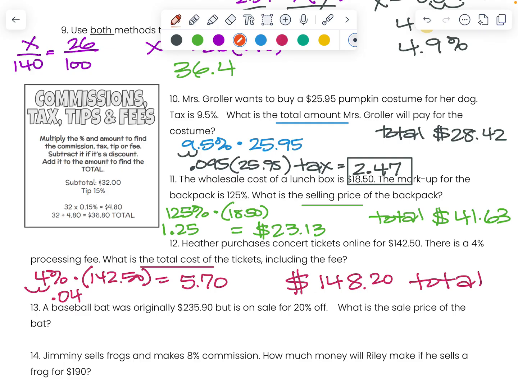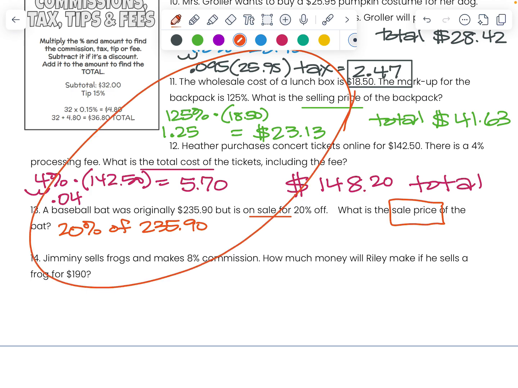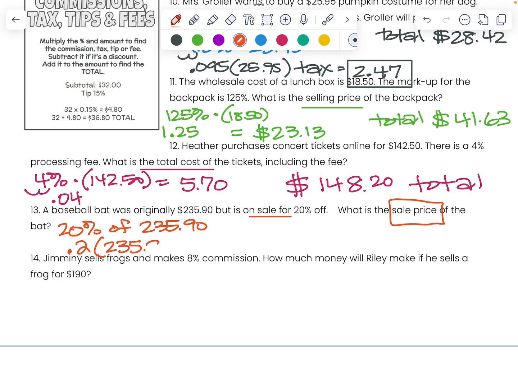Okay, a baseball bat was originally $235.90. All right, it's on sale. Sale is cheaper. They want the sale price. So we have to take off the amount. So I'm still going to find 20% of $235.90. Do you notice that we're doing that every time, we multiply first? And then you figure out if you add it on or take it off. These should be really similar over and over. We're doing a lot of multiplying.